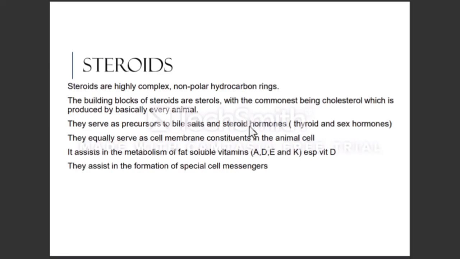Steroid hormones are mainly sex hormones like estrogen, progesterone, testosterone, and all of those things. You should know that we use steroids to produce steroid hormones, and the building block of steroids is mainly the sterol nucleus.